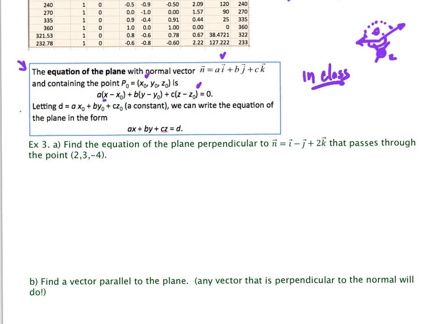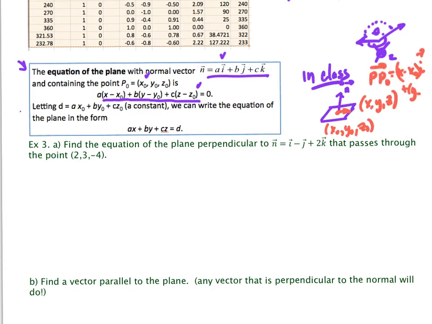So if we want the equation of a plane with a normal that is perpendicular to the plane, so here's a plane, and then here's my normal. Then I can take another vector, which is in the plane. The point right here would be x naught, y naught, z naught, and then the tip of that vector would just be some generic x, y, z.